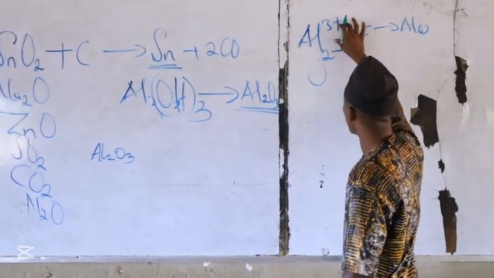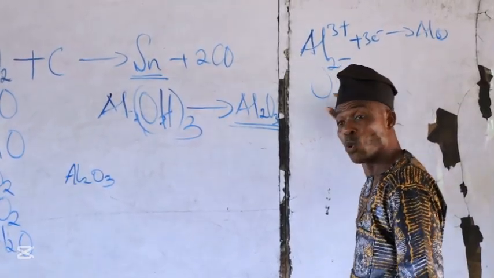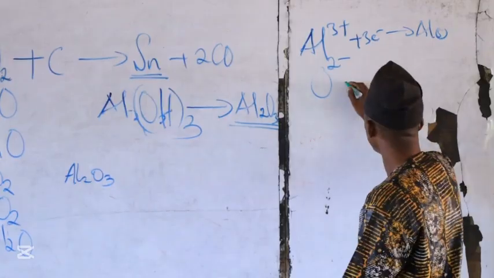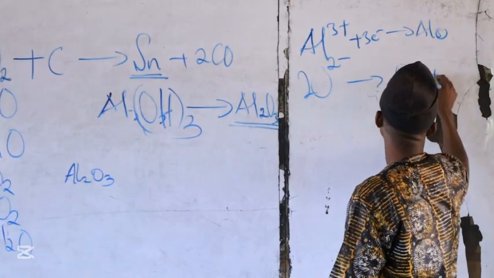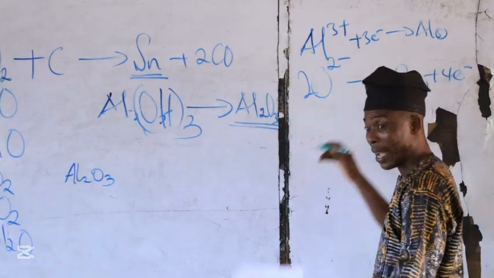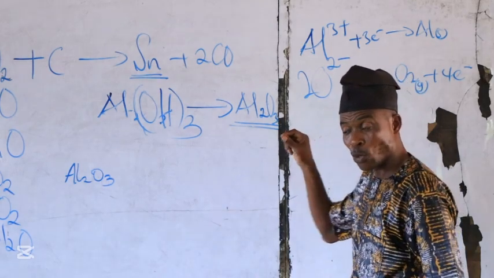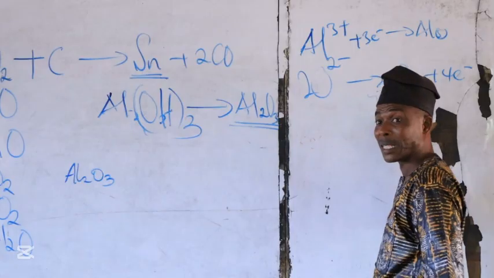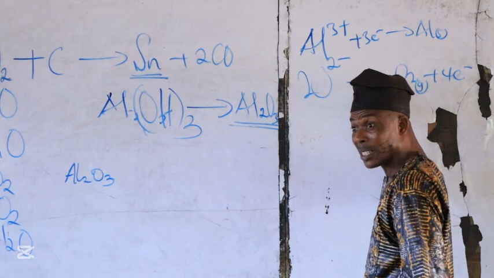If at the cathode electron is gained, what will happen at the anode? It will lose electron. The oxygen ion will lose 4 electrons to become oxygen gas. Remember, the anode is made up of carbon. What do you think will happen between the oxygen deposited at the anode and the carbon?